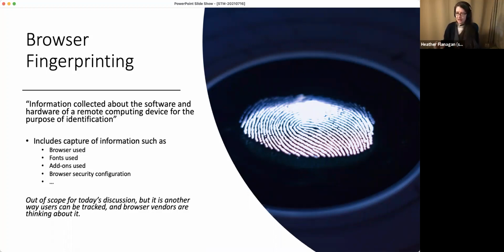I have certain add-ons, and I'm usually coming from my home computer. All of that information pulled together gives me a fingerprint that is remarkably unique on the web. So sites can actually collect that information and say, aha, I now know that this fingerprint is for this entity that's moving across the web, and I can track them.